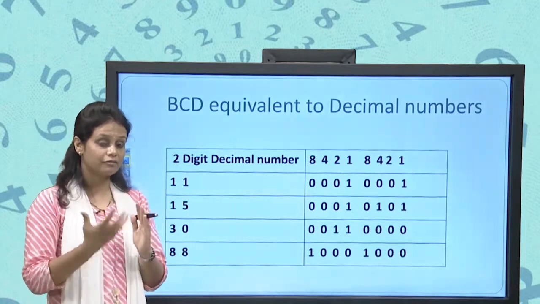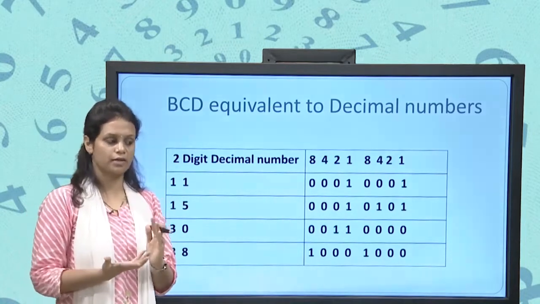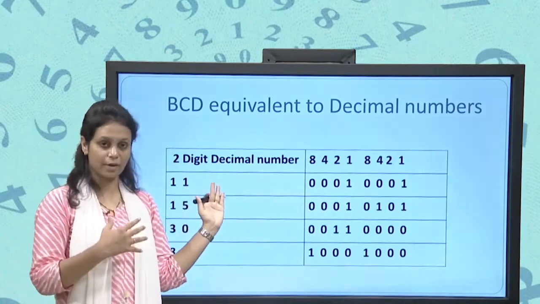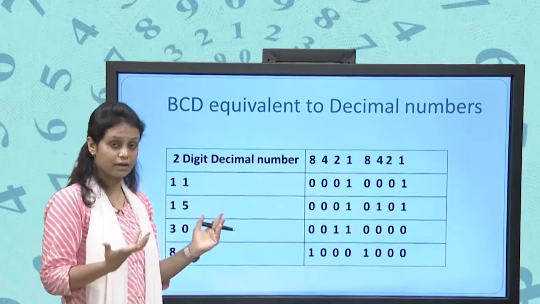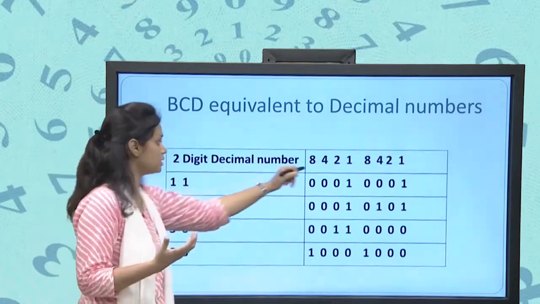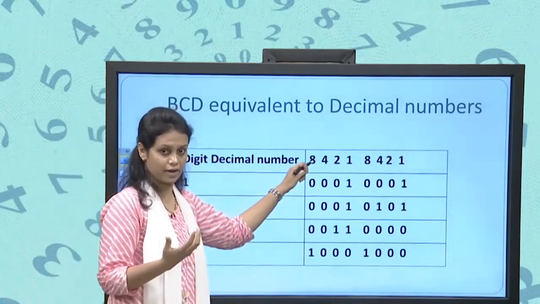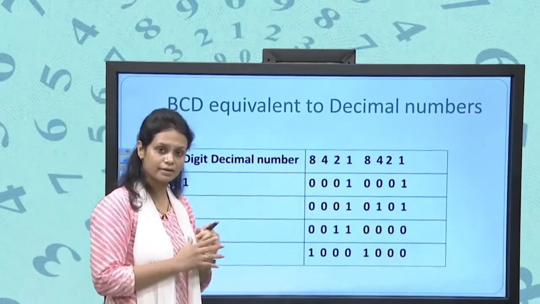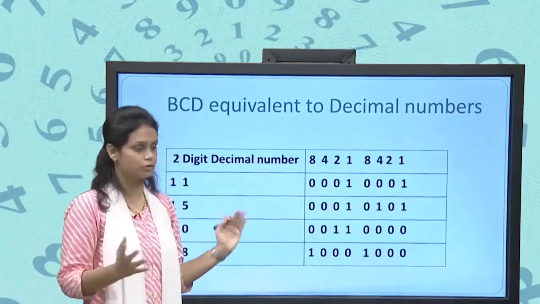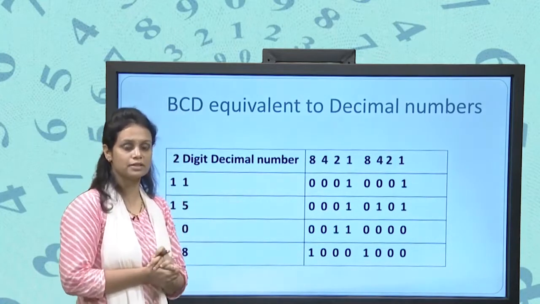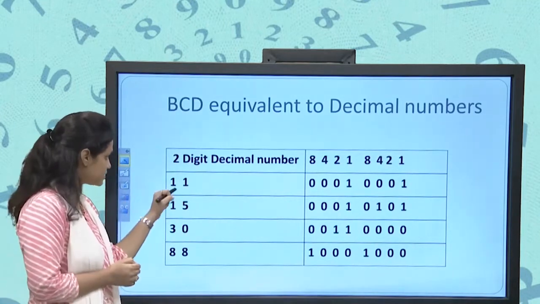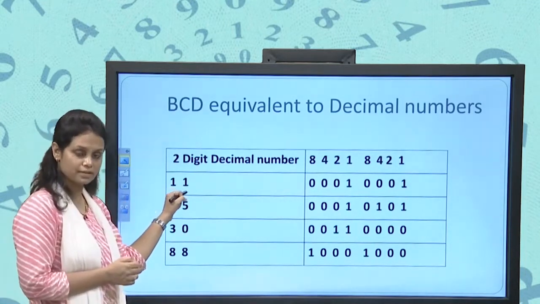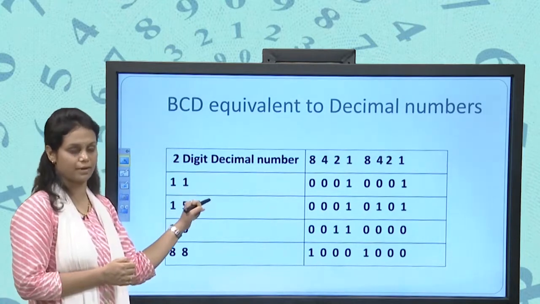Now what is the difference when we are converting a decimal number to binary coded decimal? We can represent this 11 using 4 bits, fine, but this is binary coded decimal and that is why we will not do this, because what is the theory behind binary coded decimal? Each and every digit of the decimal is represented using 4 bits separately.